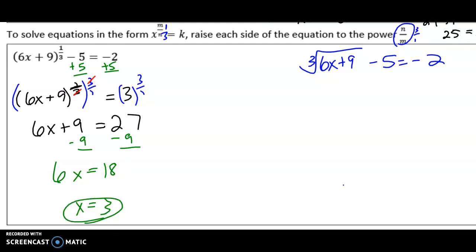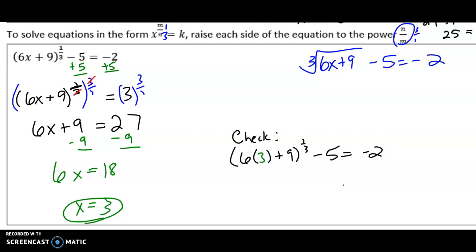So if we want to check this, then we can put that 3 in there.